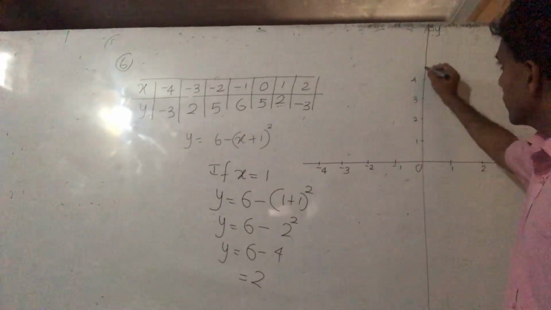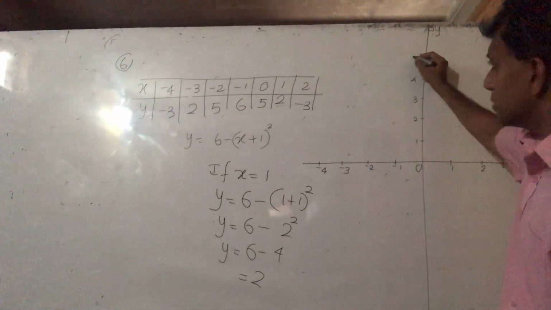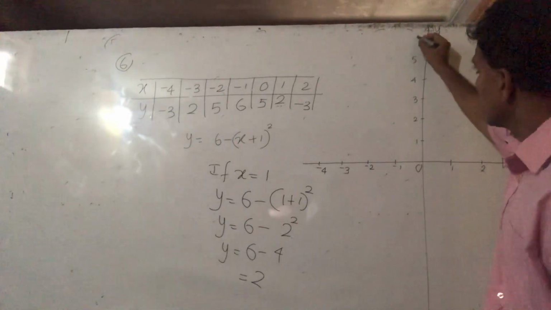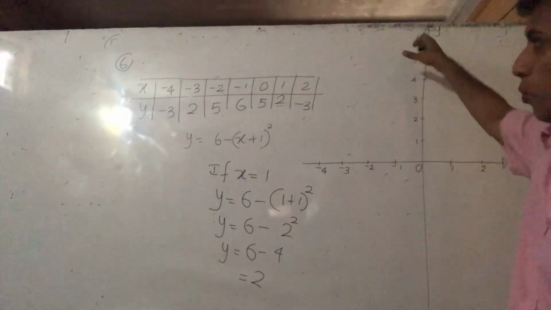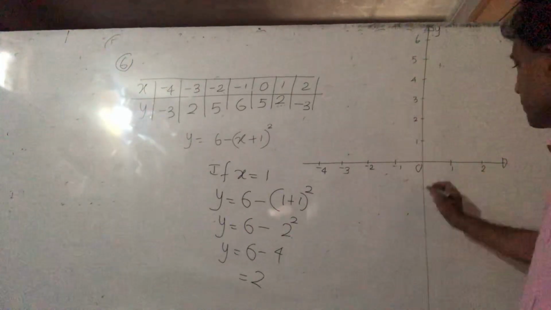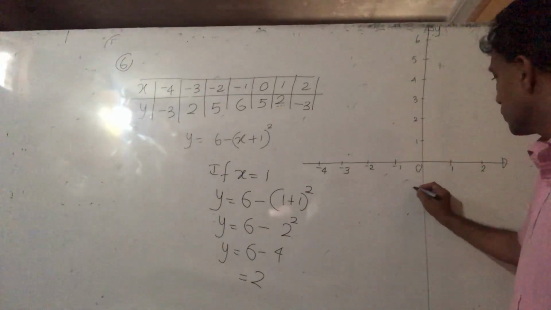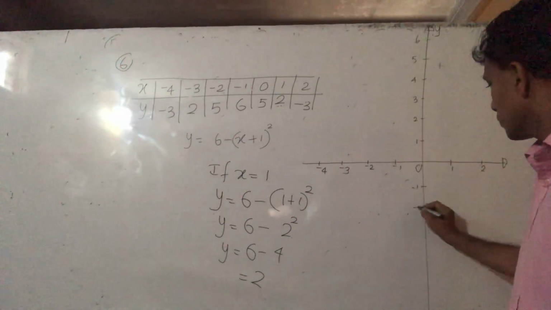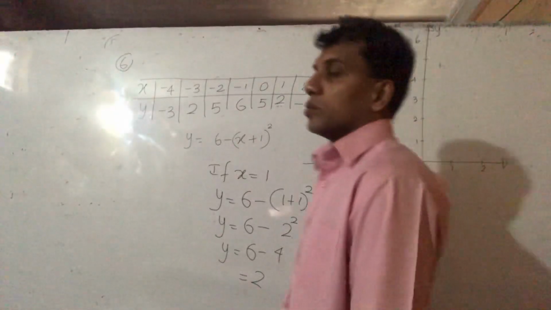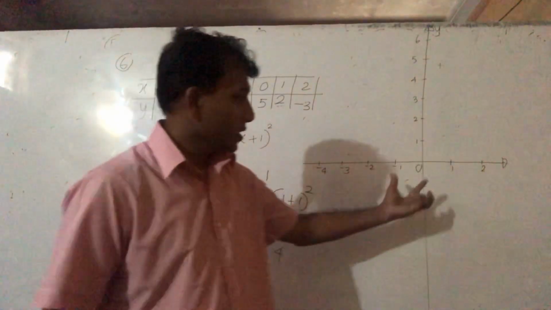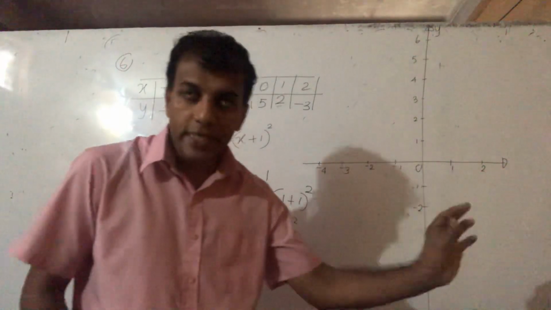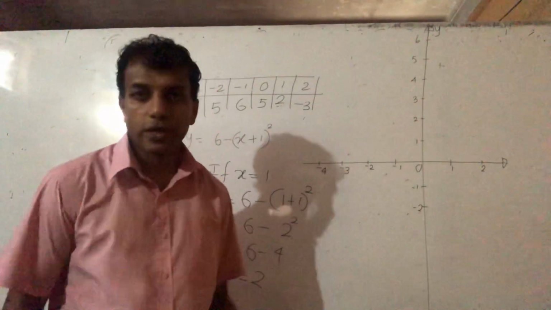When drawing the maximum graph, the maximum points are important. The peak points are more important than the lower parts. So take a large scale, for example two squares along the x-axis or y-axis, to make a large graph.